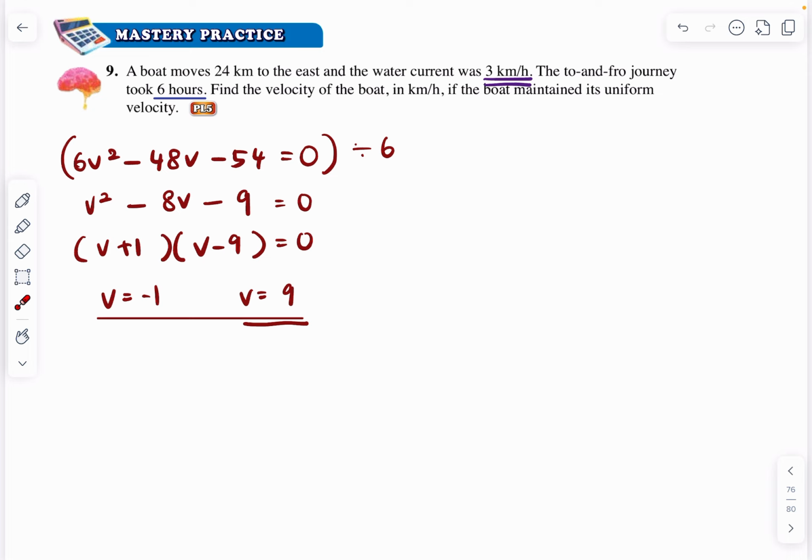Logically, the water current is 3 km per h. If the velocity is negative 1, no way it would reach the other side. It has to be bigger than the current, then only it can oppose the current. Therefore this one we reject. So the answer would be 9 kilometers per hour.